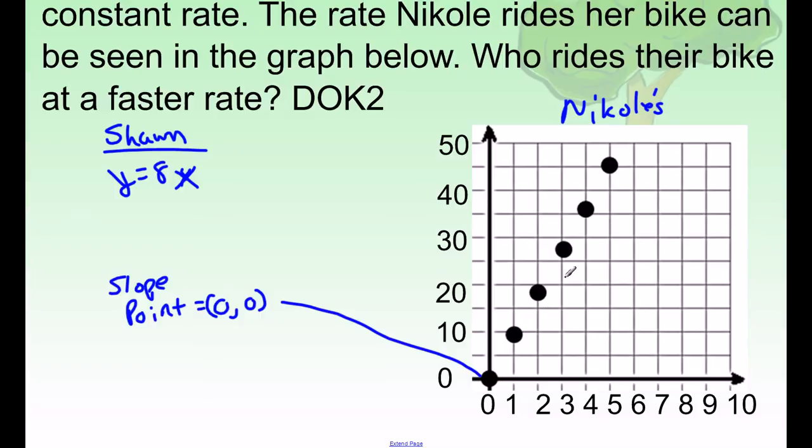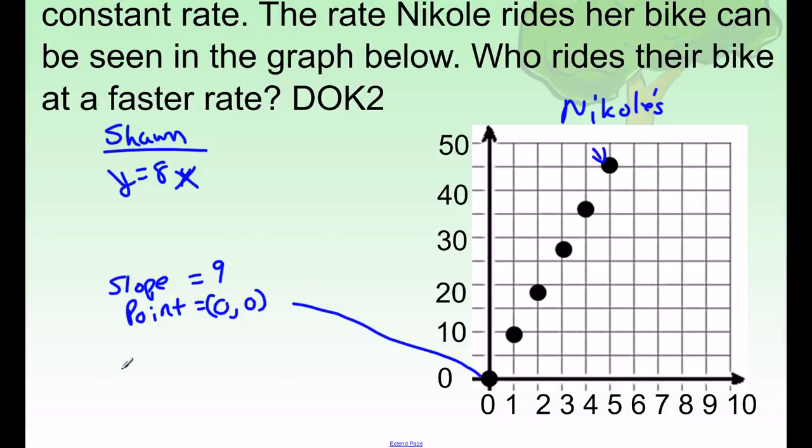The only point that looks like I know exactly is 45 and 5. So I'm going to say 45 over 5, which is 9 over 1. So that's why this is not quite 10, because that's going up 9. And 9 more is 18, and 9 more is 27, and 9 more is 36, and 45. Okay, so the slope is 9, and the point is 0, 0.